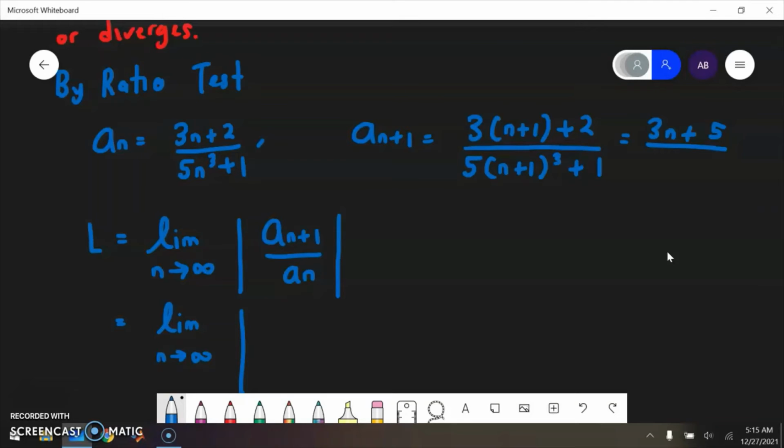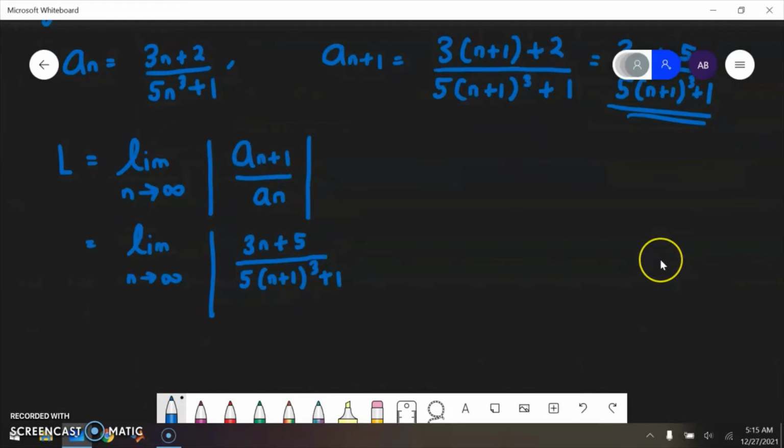It's hard to simplify the denominator; I mean, you can, but I'm just going to leave it like that. So this is a_(n+1).